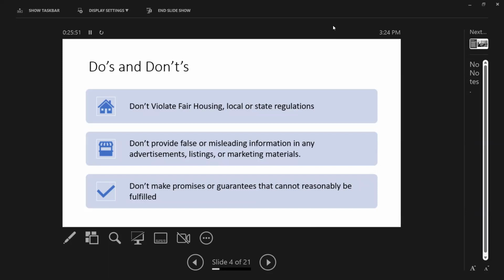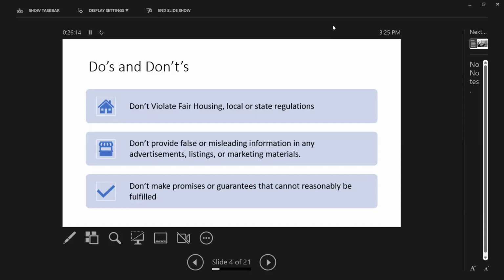Don't violate fair housing or local state regulations. There's a lot happening right now, especially here in Orange County, and I'll touch on those very briefly. Fair housing is fair housing. That's the big one. Please, please, please do not violate fair housing. It can get everybody in this room into a lot of hot water.